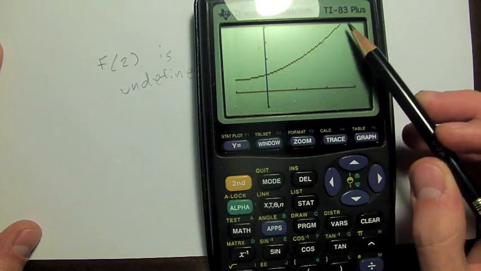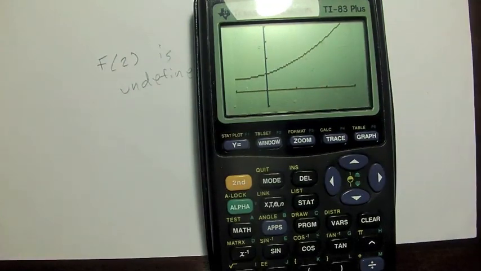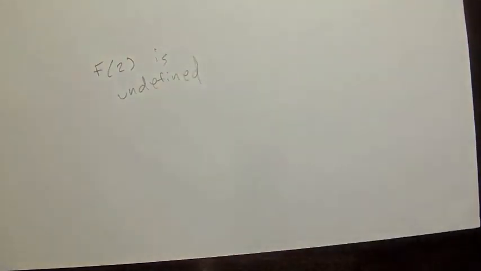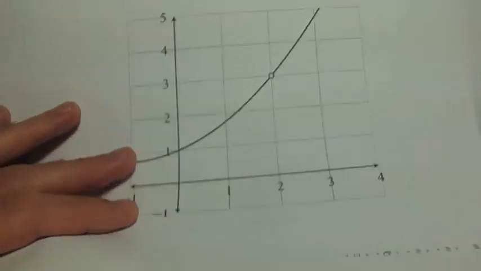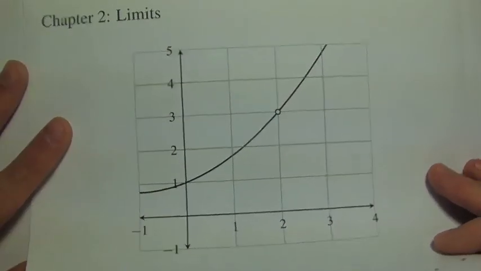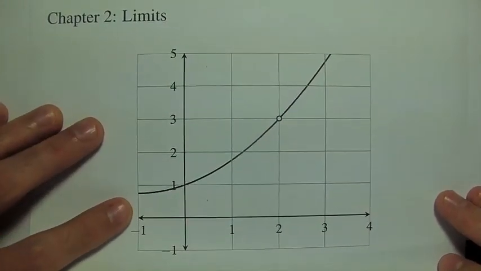Your calculator doesn't actually tell you that there's a hole there. Okay? But we know, because we checked the limit, that the graph should look more like this.